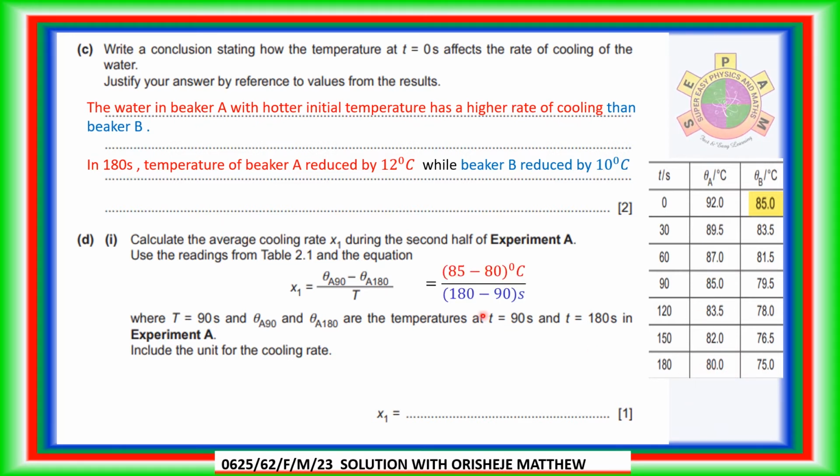So what is the cooling rate there? You have 85 to 80, that is about 5. So you divide that, and it will give 0 degree per second. So let's look at the next question.